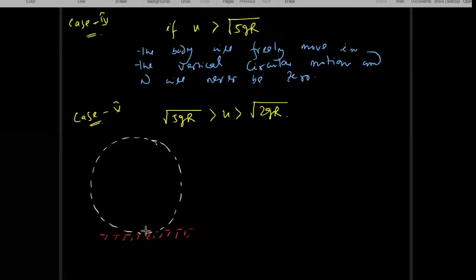Okay. So here we have point A. This is point B. This is point C. And this is point D. So see one thing, that u is equal to √2 GR is just sufficient to cross point B, and u is equal to √5 GR is sufficient just to reach point C. Okay ना?